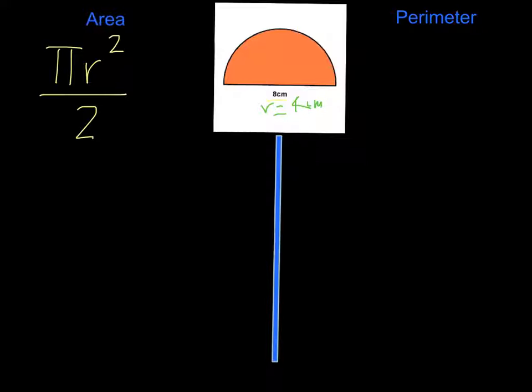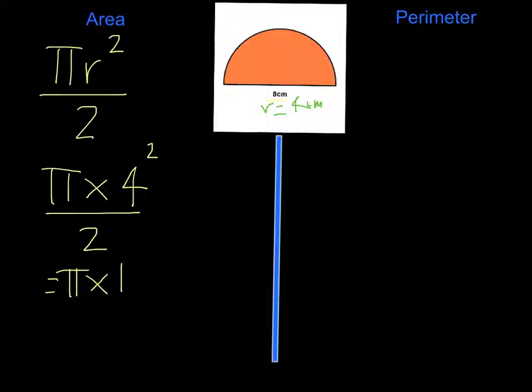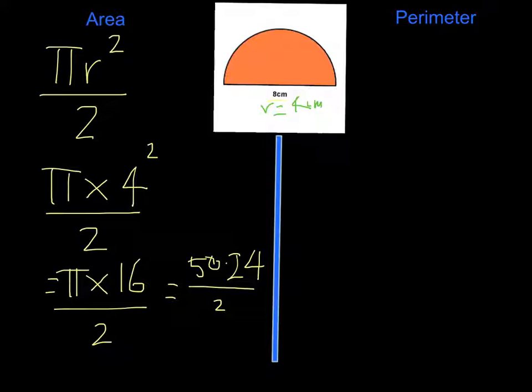So we can put that into our formula: pi times 4 squared divided by 2. 4 squared is 16, and with pi as 3.14, pi times 16 is 50.24, divided by 2 gives us the answer of 25.12 centimeters squared.